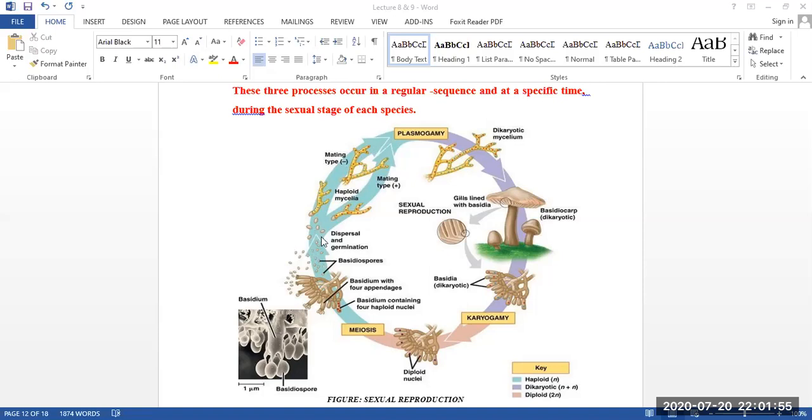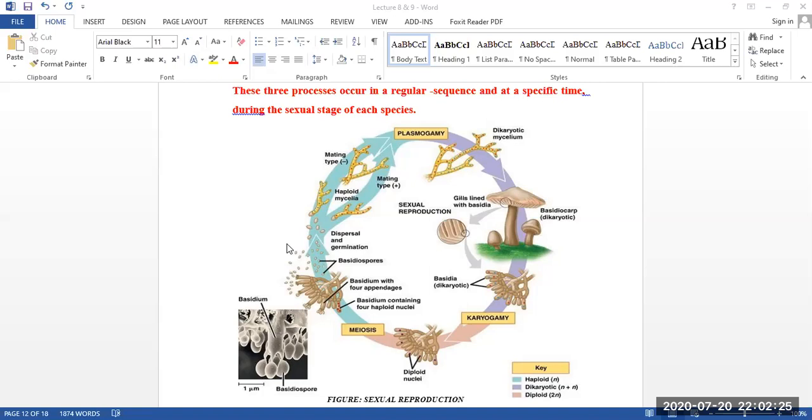After these basidiospores find favorable conditions, haploid mycelium is produced. If the environment, temperature, and soil are all favorable, this haploid mycelium can go through the plasmogamy process again.